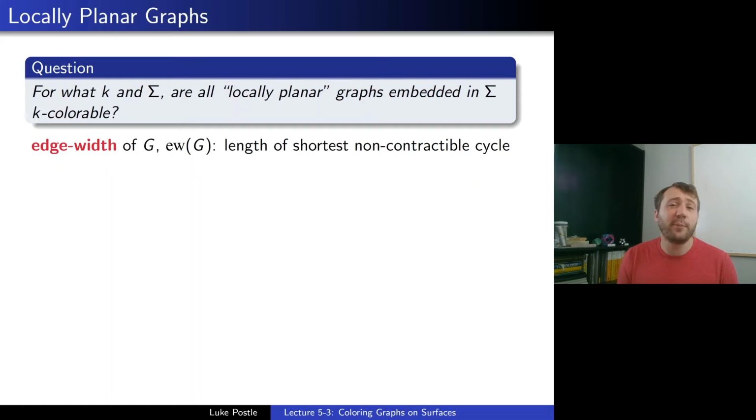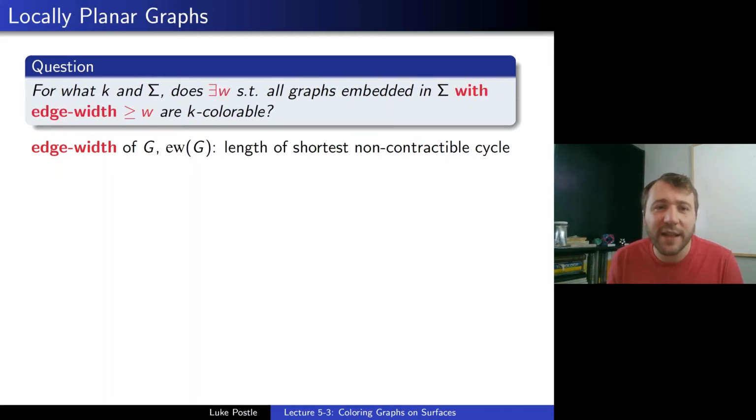From the viewpoint of any vertex, it doesn't see the non-contractibility, the handles and cross-caps part of the surface. So we could actually reformulate this question as: for what k and sigma does there exist a w such that all graphs embedded in sigma with edge width at least w are k-colorable? So maybe large enough edge width implies this.